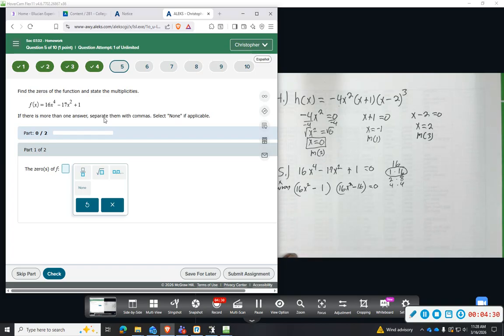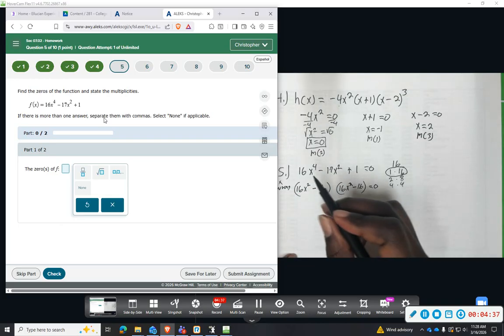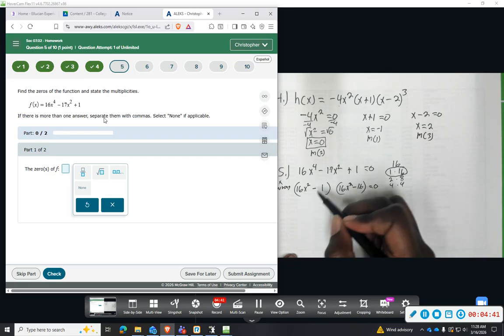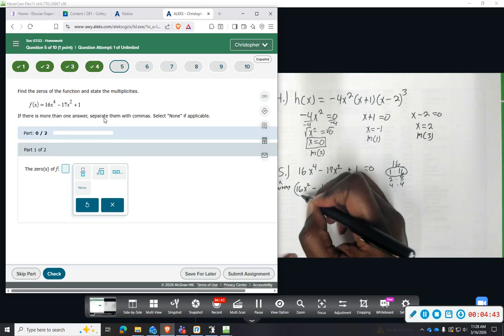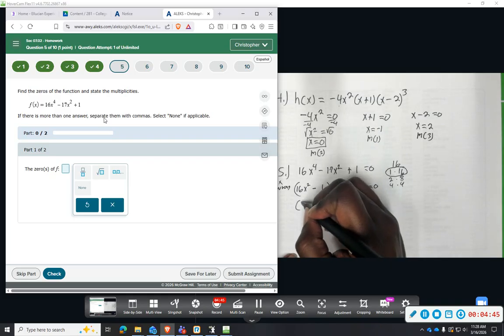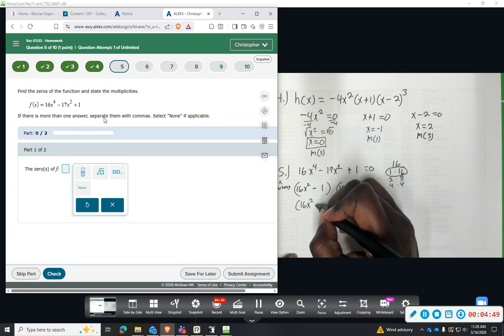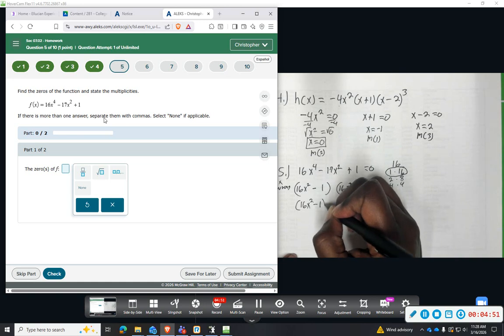So the way we do this is we try to divide these two terms, and we just get rid of that number once we figure out the greatest common factor between those. So 16 and 1, nothing in common but 1, so I'm going to bring this term straight down, leave it as is. So 16x squared minus 1.